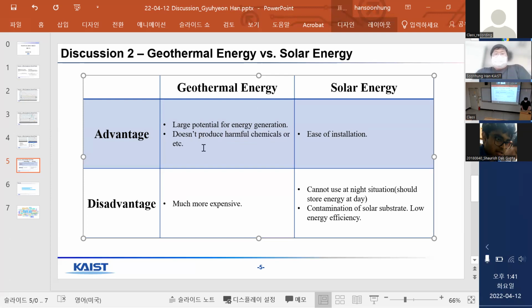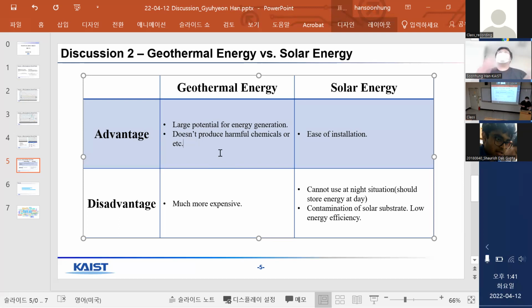Most of the ideas were quite correct for these two technologies. Basically, geothermal energy is quite stable, better than solar energy. And as Gavin said, harmful chemical emissions are quite low or even non-existent for particular types of geothermal energy.